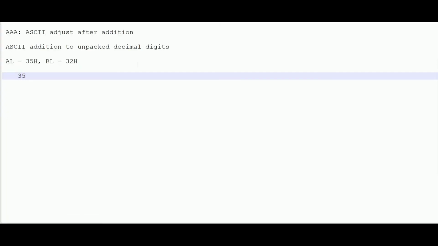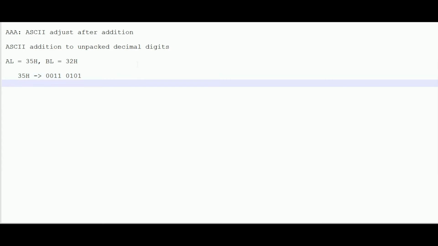I can write 35H in binary as 0011 and 0101. Okay, 32H is 0011 and 0010.